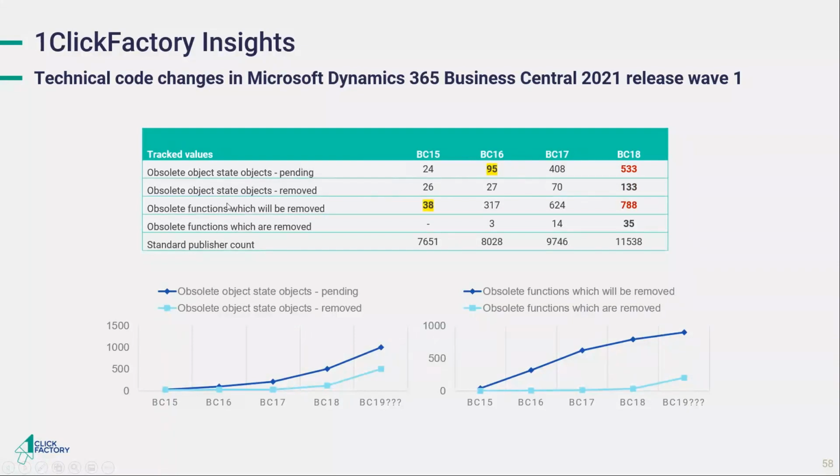But it's not the case with obsolete functions. Microsoft is about 300 obsolete functions behind this schedule. And what will happen in Business Central 19, I would expect that Microsoft will remove 400 objects, but Microsoft can also remove 600 functions in Business Central 19.